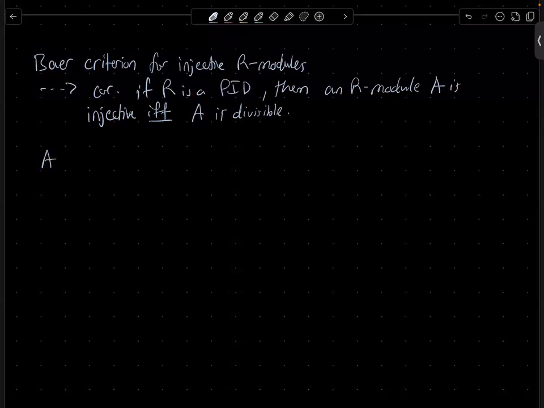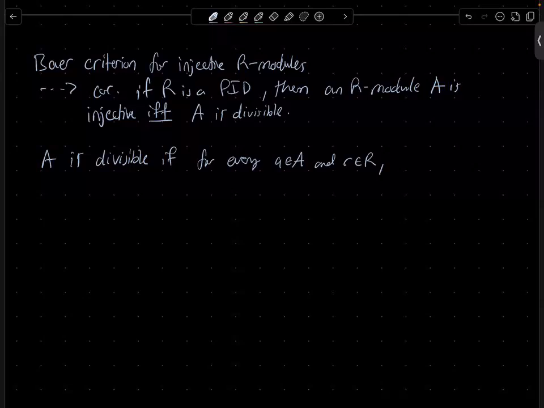A is divisible if for every a in A and r in R, there exists b such that a equals rb.